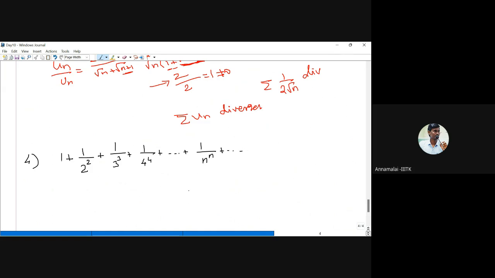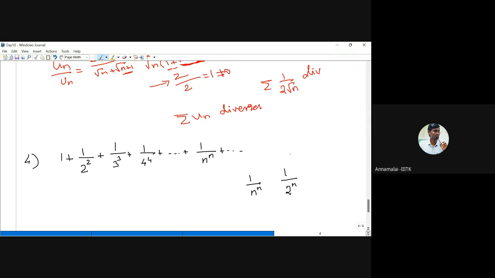Now, what is the relation between this 1 by n power n and any other known series? This looks like a geometric series, but it is not one. Just to guess, 1 by 2 power n or 3 power n or 4 power n, everything. Because both have a power n, that's why I am choosing like this.